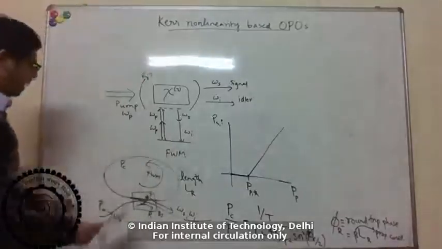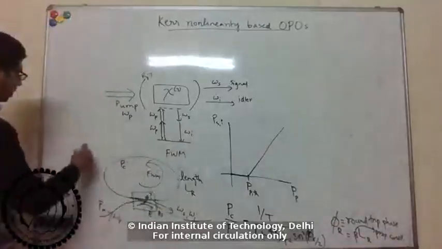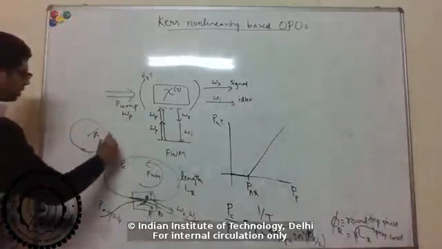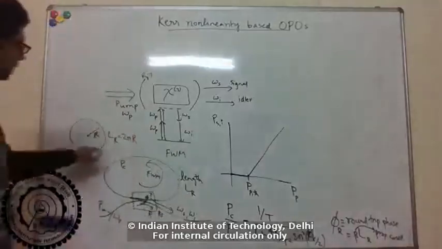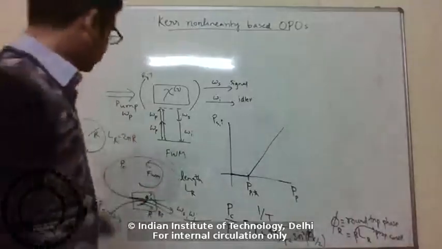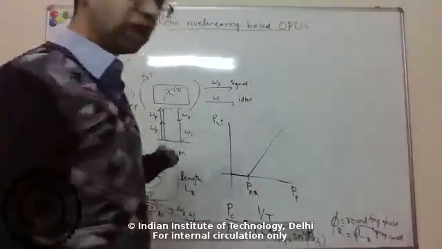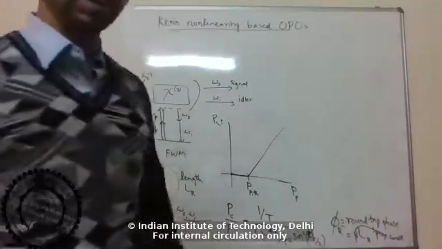Many times, for example, this is just made like a circle of some radius r, so then L_R is just 2 pi r. But it could be whatever shape, like in a fiber, it could be wound up in whatever shape. Basically, L_R is the total round trip length.